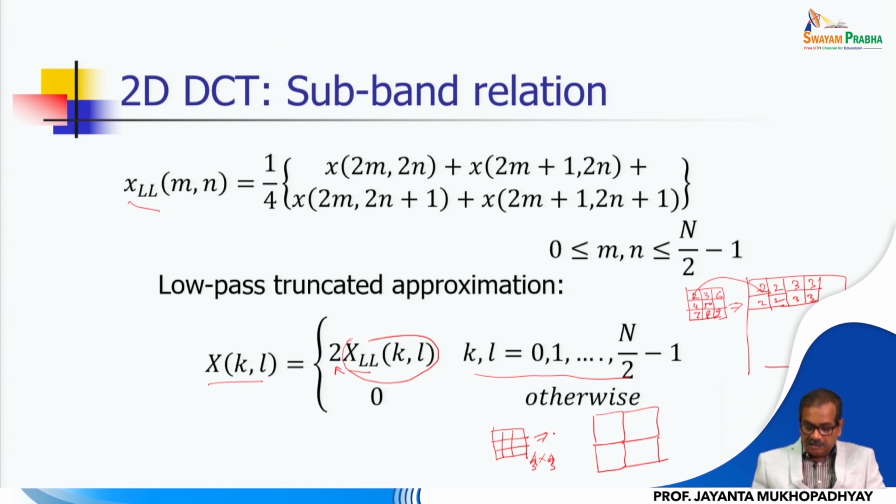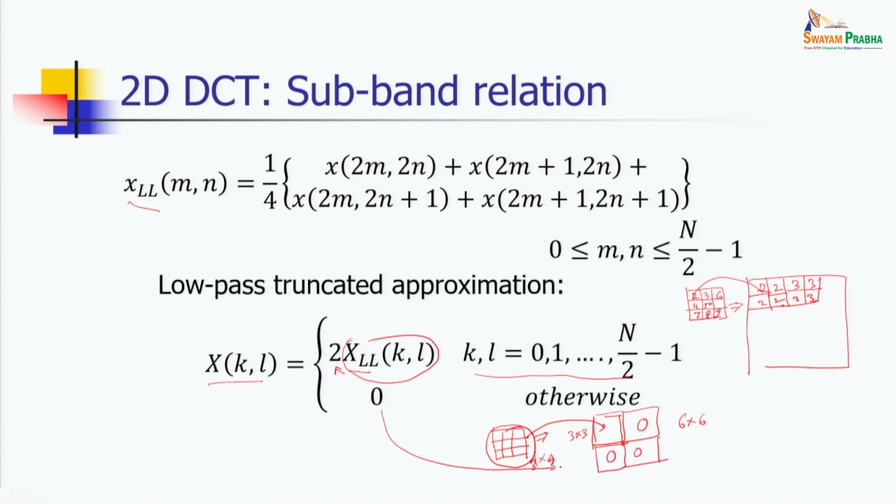If I consider a 6 cross 6 block of DCT, then these DCT coefficients can be mapped to this 3 cross 3 block of the 6 cross 6, and all others can be set to 0. This is the 0 part. But while mapping it, I have to scale these coefficients by 2.